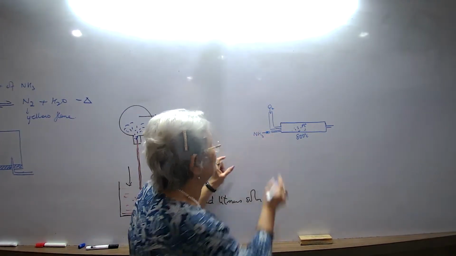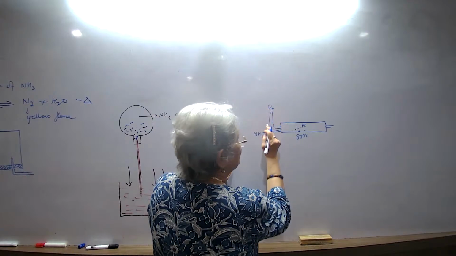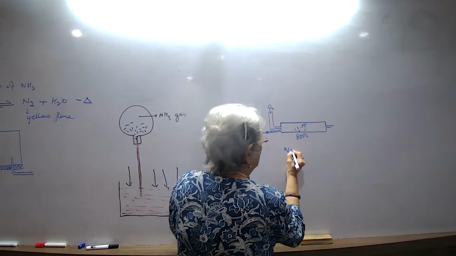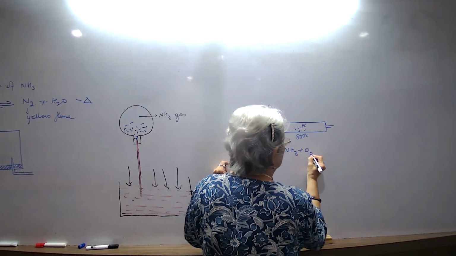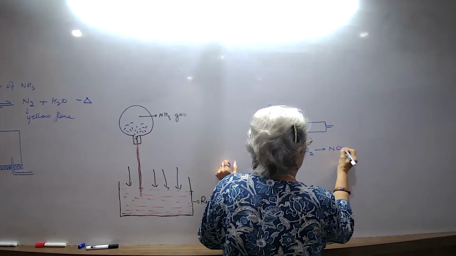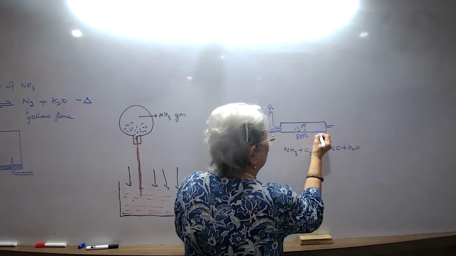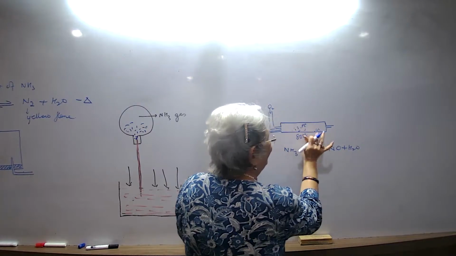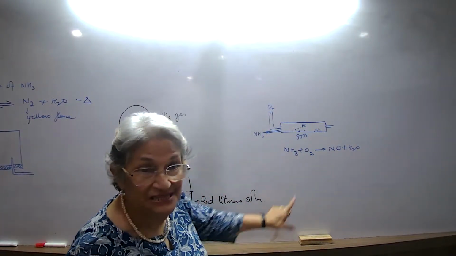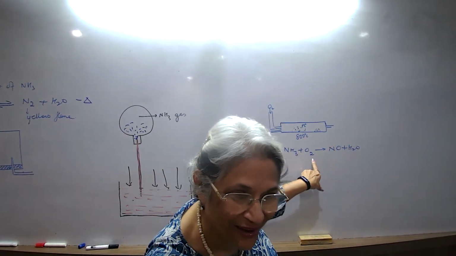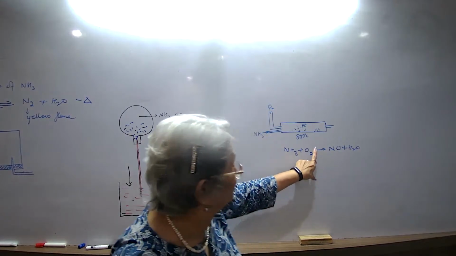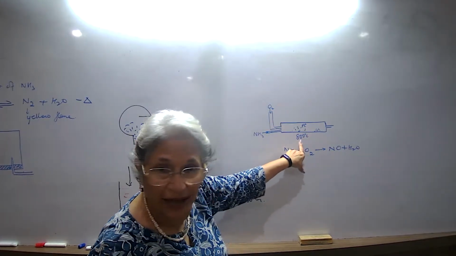Ammonia is getting in, oxygen is getting in, and ammonia plus oxygen is giving you NO plus water. You're getting NO here and water collected here. But this water will evaporate because the temperature is so high.